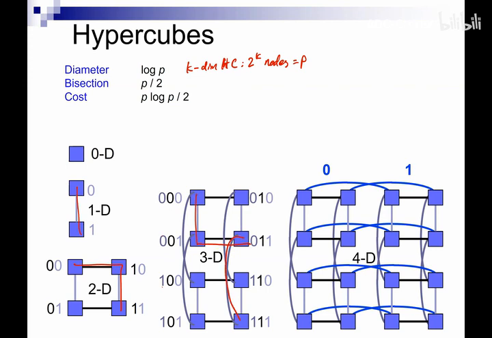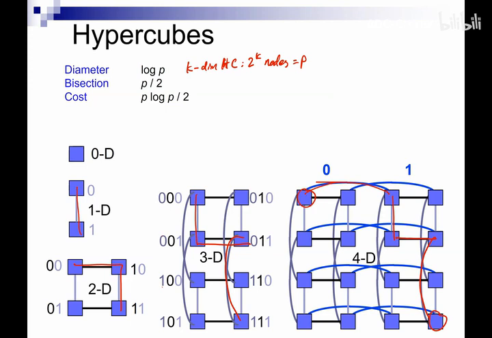And in the 4-dimensional hypercube, you need to go 1, 2, 3, 4 to get between the most extreme points. So the diameter is actually very low. Even if you have 1,000,000 processors, the diameter is only log of 1,000,000, which is 20.